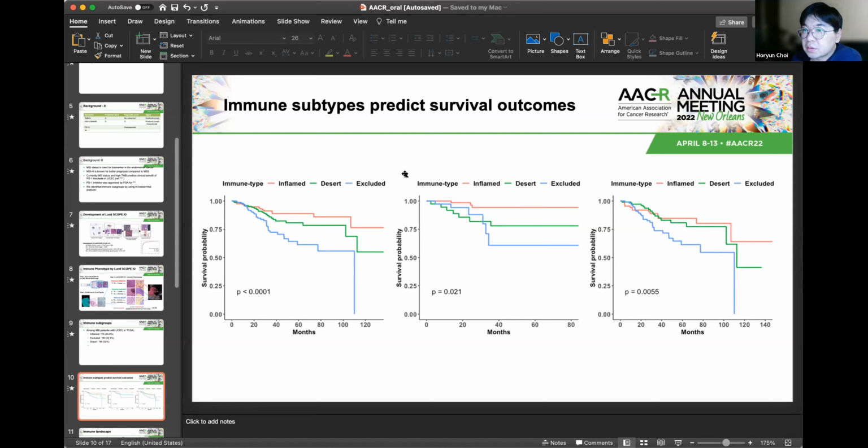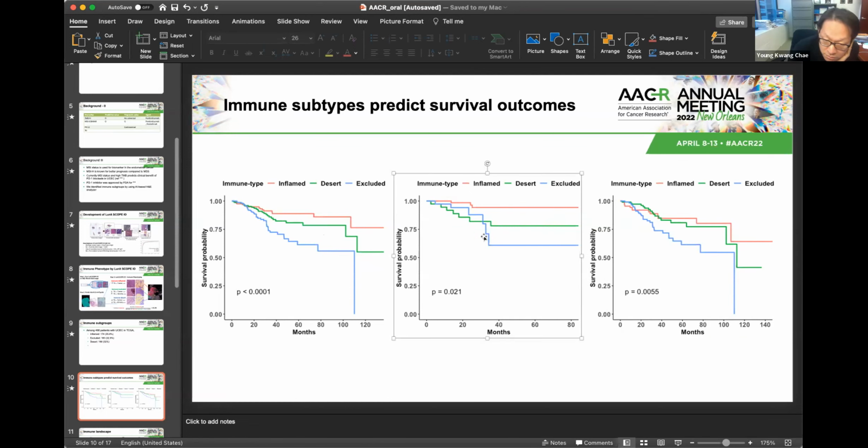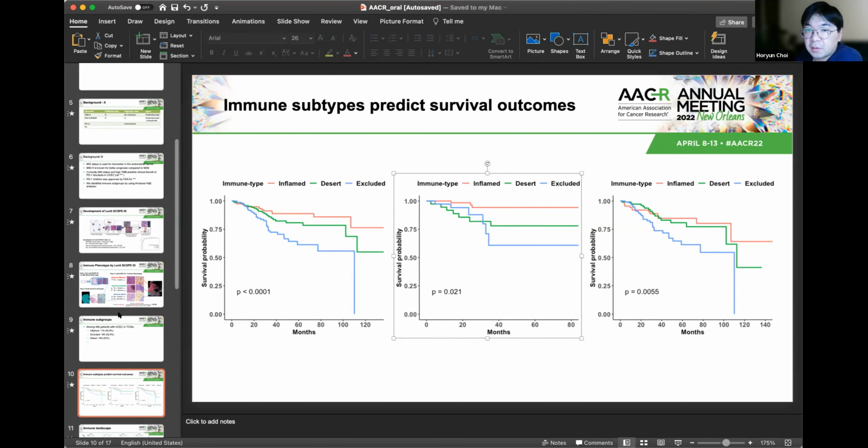I didn't label which graph is MSI high or MSS, but this one is total, the middle one is the MSI high group, and the last one is the MSS group. So it showed statistical significance about the overall survival.